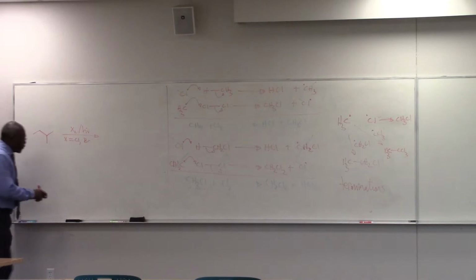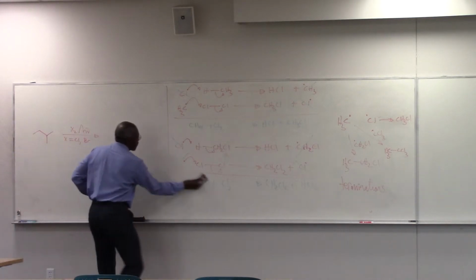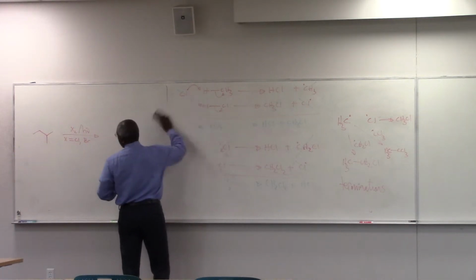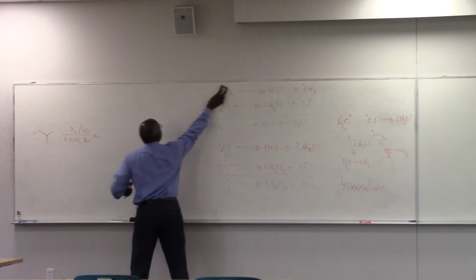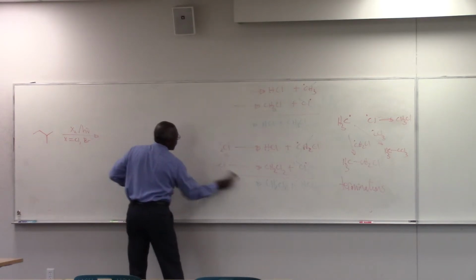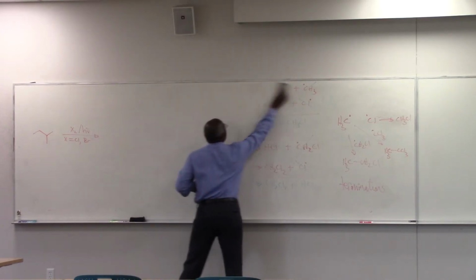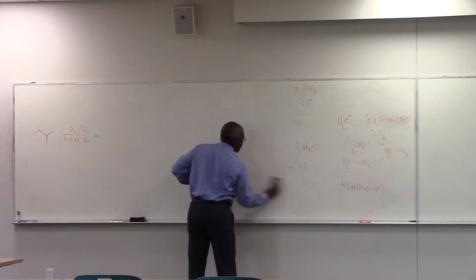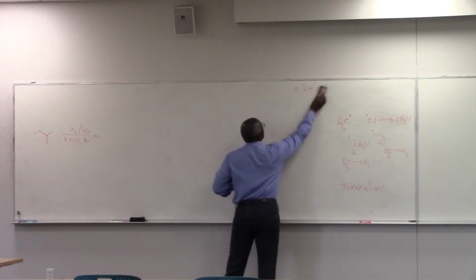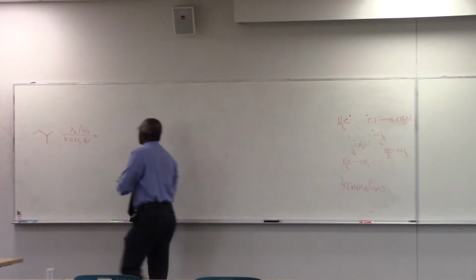Now, if you do this reaction, you're going to end up with 4 products. Yeah, you'd end up with 4 constitutional isomers.